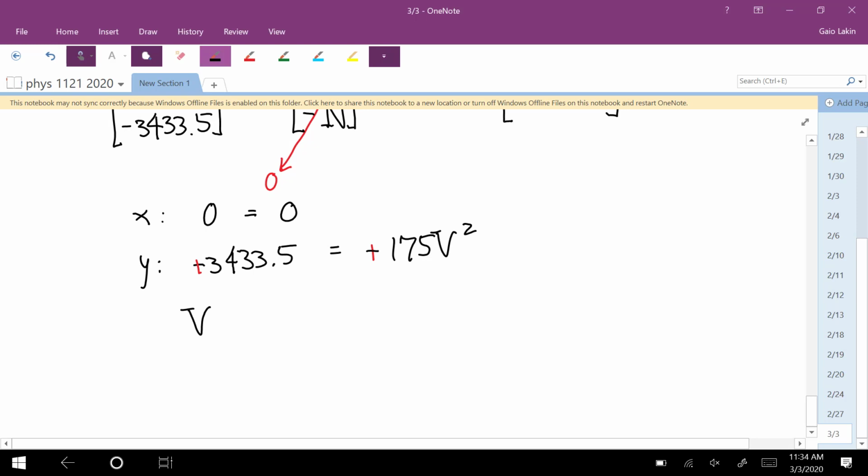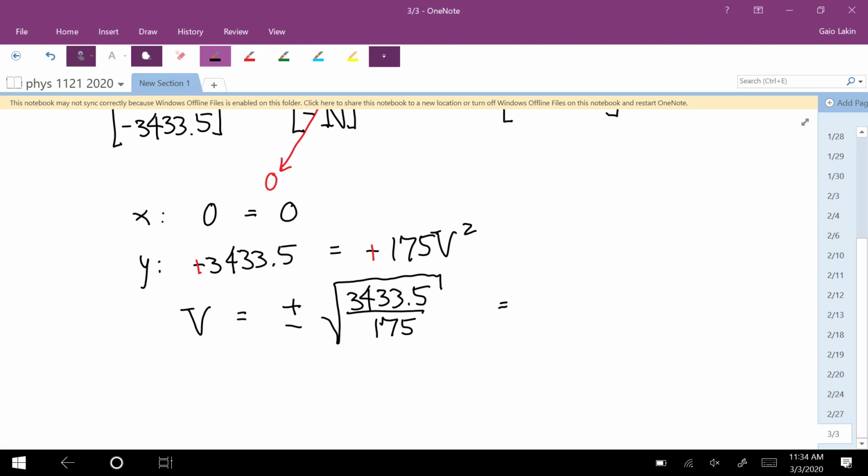And so v is equal to plus or minus the square root of 3433.5 divided by 175. And what do you get for v? 4.43, so about 10 miles per hour. Meters per second.